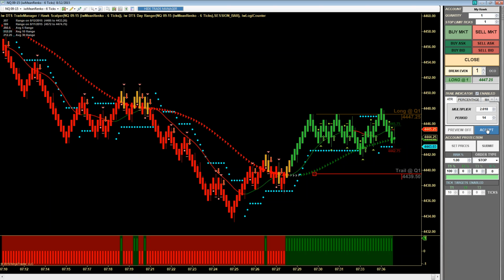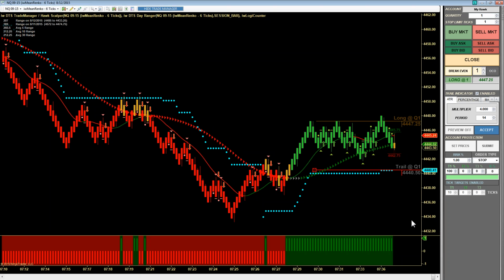So if I click accept now, it will go to the ATR strategy. If I decide to make it a little bit wider, I can change the parameters, click accept, and it will snap to wherever I want it to be. Now, if I've hit the break-even trigger, however, all that is void.